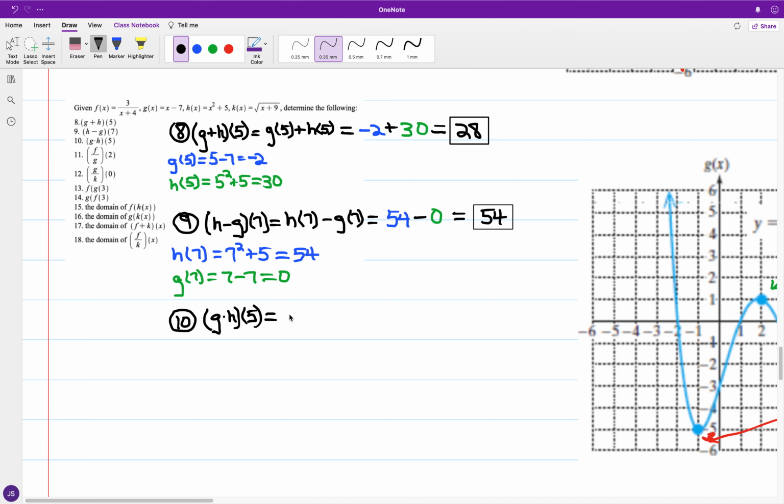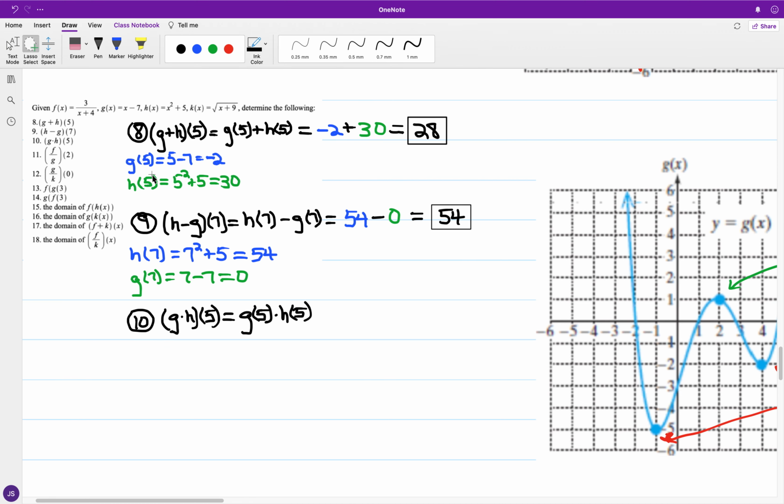So again, we'll have g of 5 times h of 5, and we're going to have this bit of history repeat. So g of 5 is equal to 5 minus 7, which is negative 2.